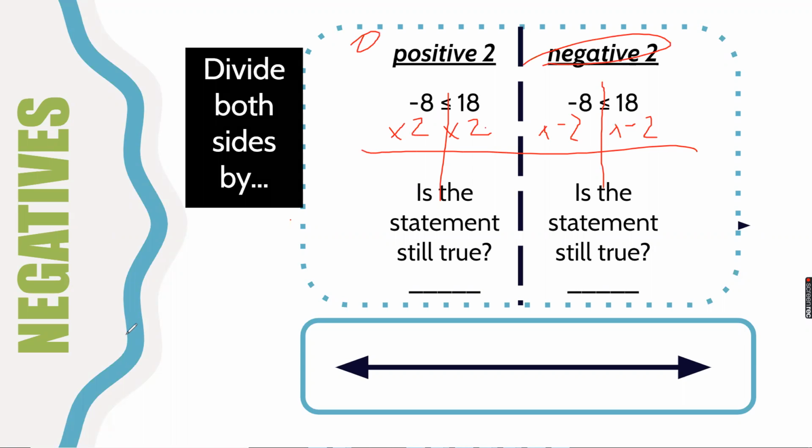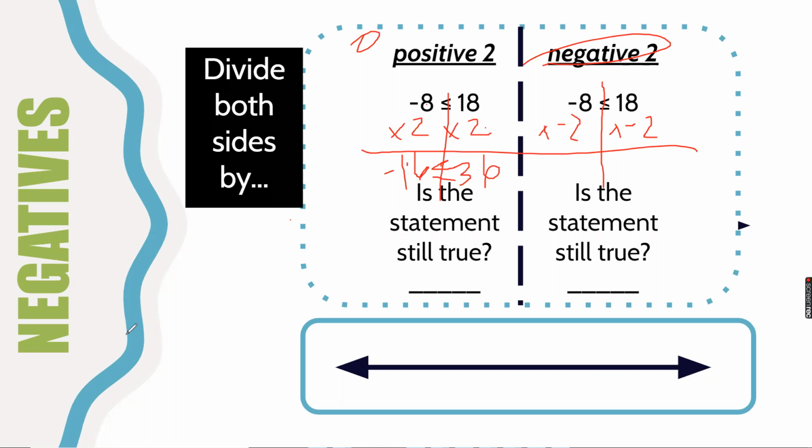So let's simplify. Negative 8 times 2 is going to be a negative 16. And then 18 times 2 is going to give me a positive 36. And you can use your calculator for these. And then we're going to make sure we copy down that same exact sign. For that right one, we've got a negative 8 times a negative 2.